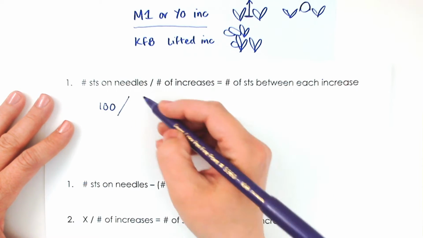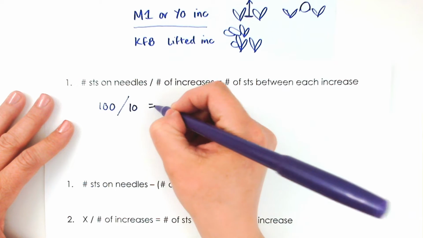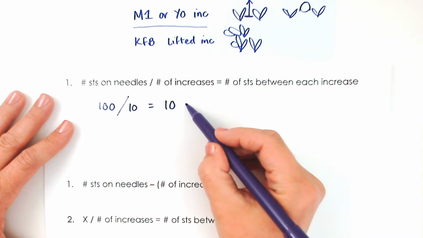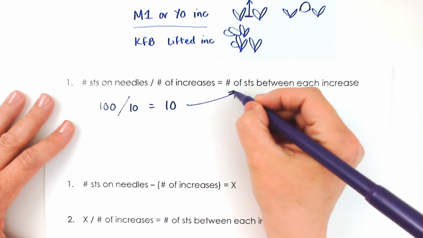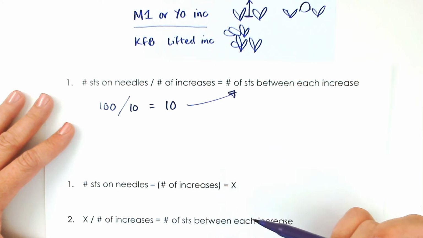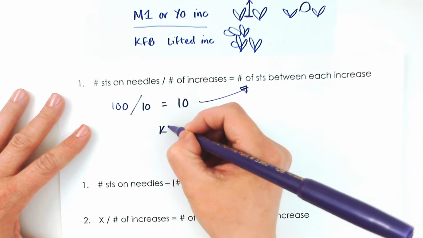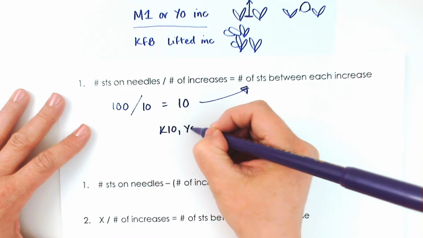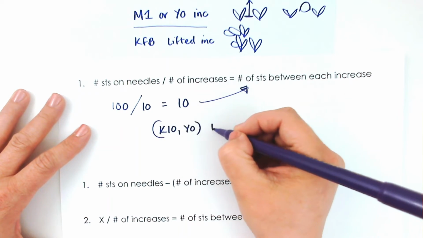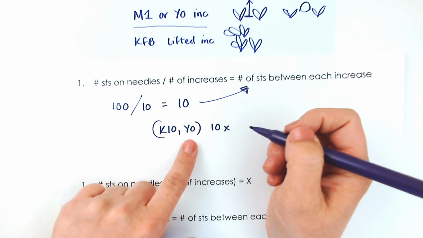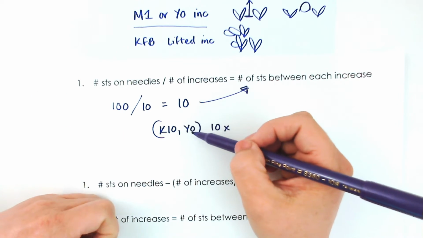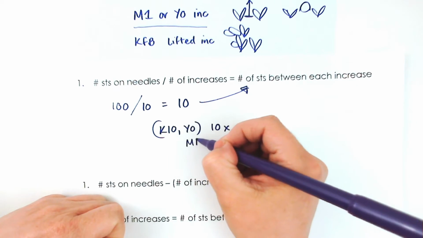So 100 divided by 10 equals 10 stitches between each increase. As you work across your row, you could work knit 10, yarn over, and you would do that 10 times.